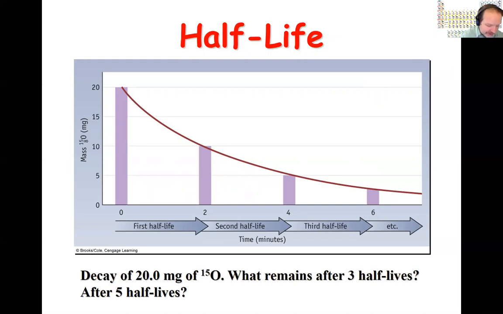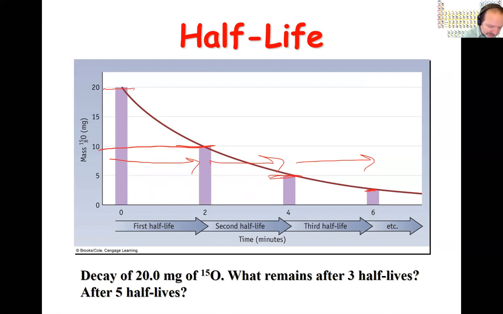So in 2 minutes, it goes from 20 down to 10. Then if you double that time, another 2 minutes, it goes down another half in amount, down to 5. And another half in the same amount of time. So the time amount is not changing in between them.